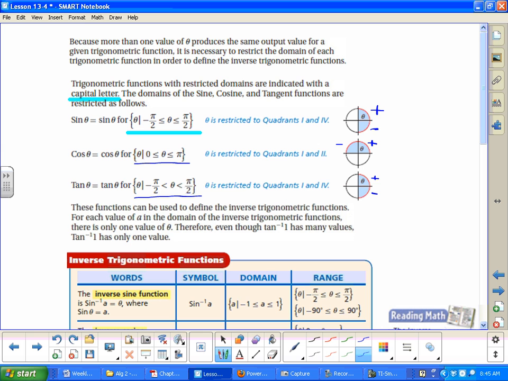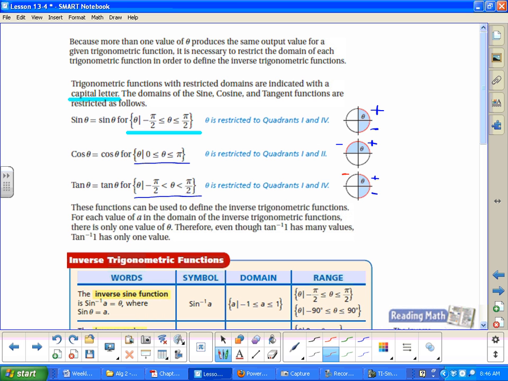Why not have tangent go from 0 to pi? Because tangent's also negative in the second quadrant, right? The difference is that it's not continuous there. Because if you look on your unit circle, what's tangent at 90 degrees or at pi over 2? It's undefined. So we have an asymptote there, so the graph would have a break in it, where at 0, it's equal to 0, so the graph would be continuous.